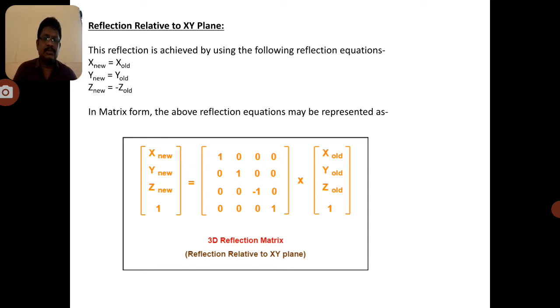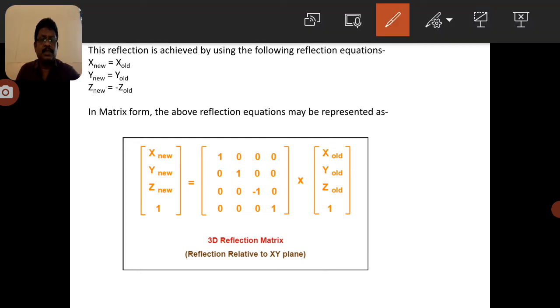Now the homogeneous matrix of 3D reflection. We find x new, y new and z new in combination with the unity, the one, by matrix multiplication. Observe that only the z value is minus.